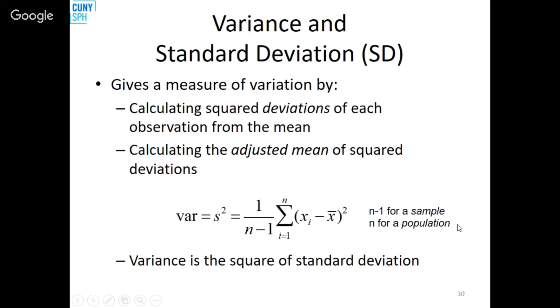So if it is the variance for the population, it's divided by n. If it's the variance for a sample, it's divided by n minus 1. N minus 1 is the number of degrees of freedom involved in calculating this statistic, something else that we'll be returning to.